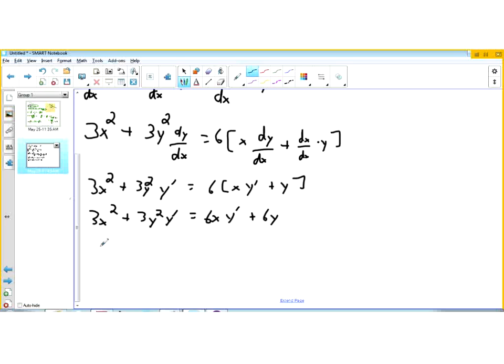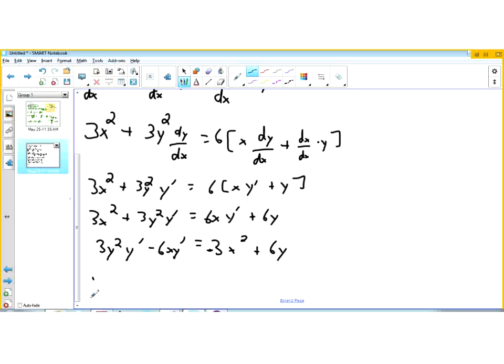So move all the y prime terms to the left-hand side of the equation. So we have 3y squared y prime minus 6xy prime, and move the non-y prime terms to the right-hand side of the equation, which will be minus 3x squared plus 6y.